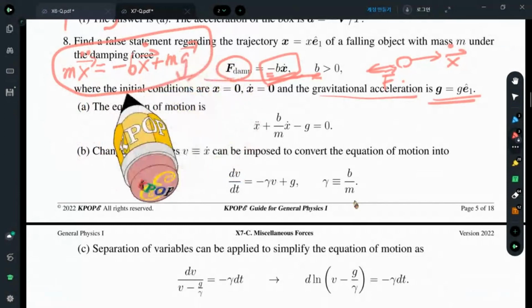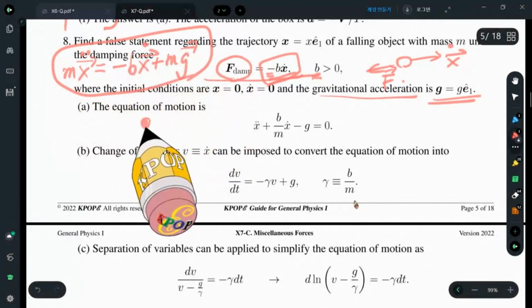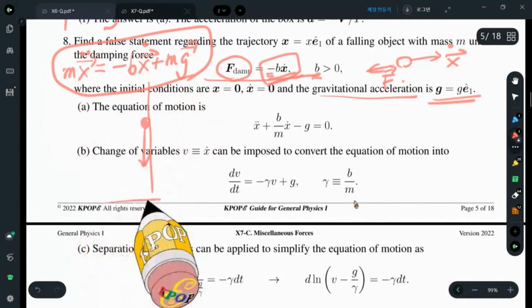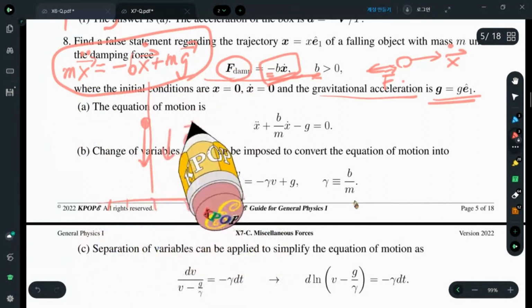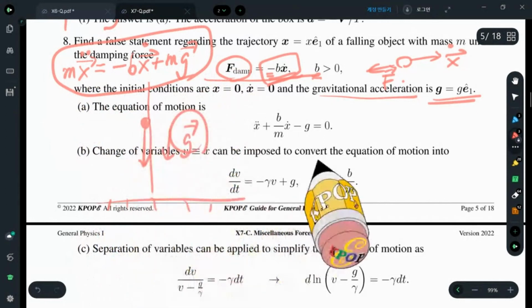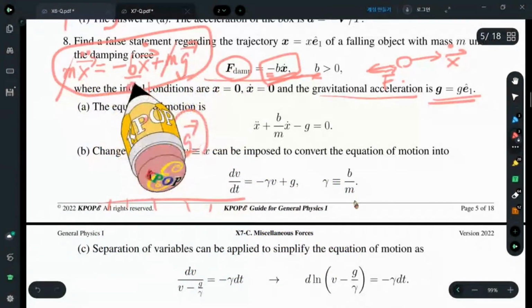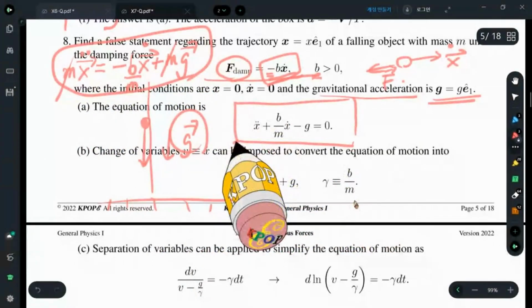We simplify this into a one-dimensional case, letting it fall along a straight line perpendicular to the ground, so it's parallel to the gravitational acceleration. In that case, we just scale the mass out, then the resultant equation of motion is this.